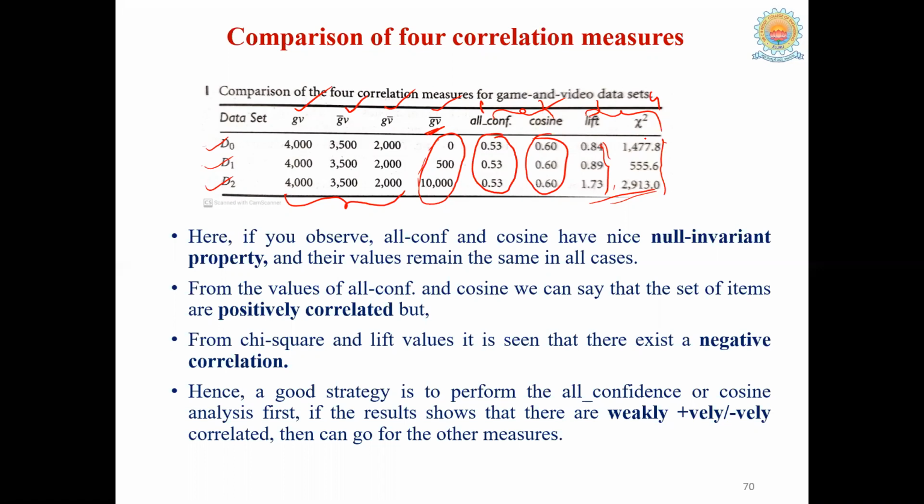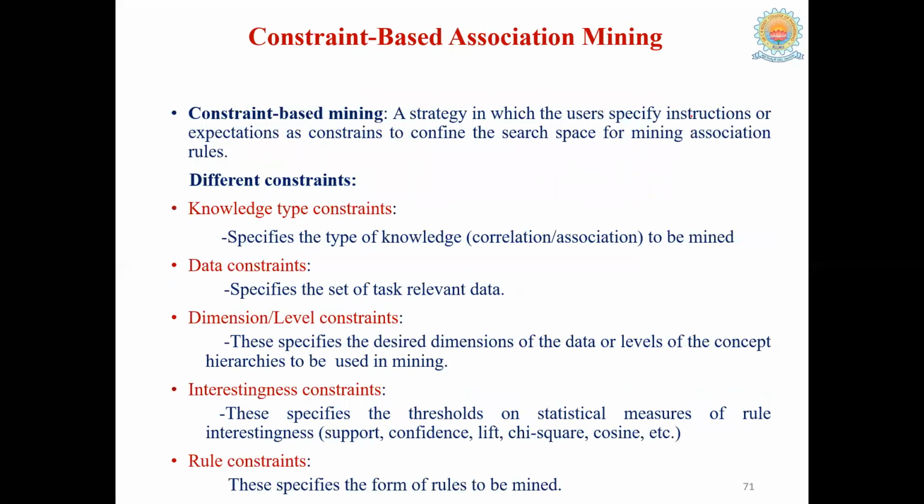Only if those results are weakly positive or weakly negative should you go for the lift and chi-square methods. So our first priority among the four measures is always all confidence and cosine.